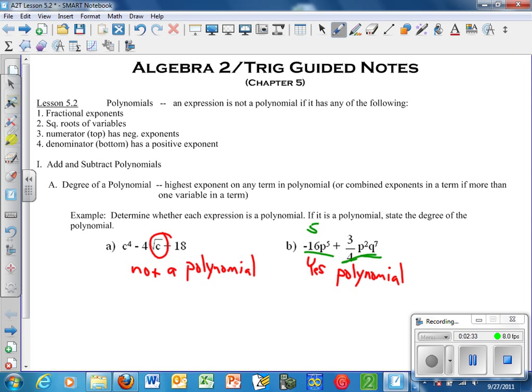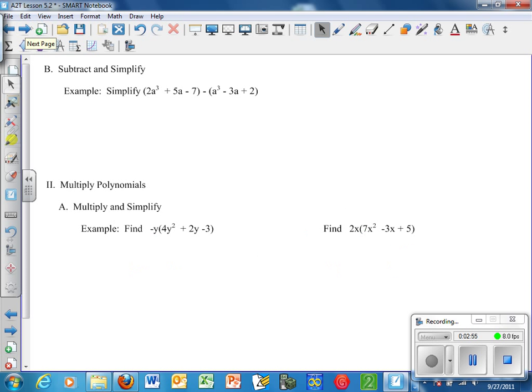So we need to combine those exponents to find the degree of this term. So in other words, we add them, 2 plus 7. So that term has degree 9. So the degree of the polynomial then is the term that has the largest degree. So the degree of this polynomial would be 9, because 9 is bigger than 5.